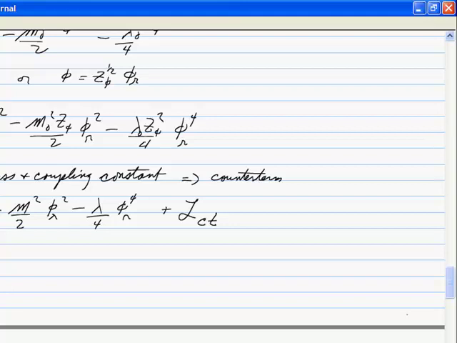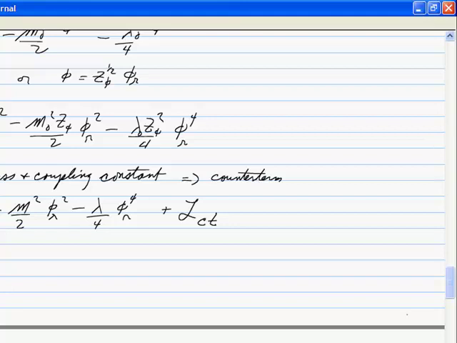Okay, and now it's just a little bit of algebra. L counterterm, which is going to be our perturbation, is then going to be, well, let's give it names.